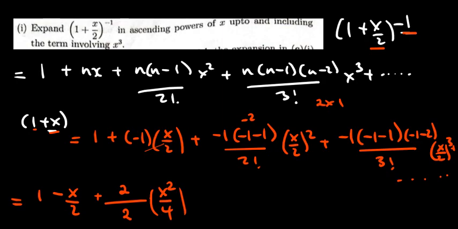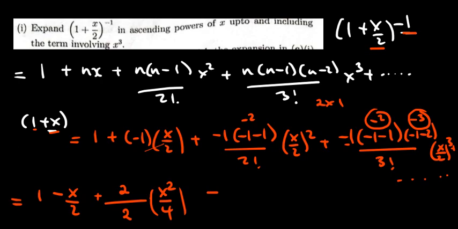Then on the next part, negative 1 minus 1, I get negative 2, and negative 1 minus 2, I get negative 3. When negative 2 multiplies with negative 3, I get positive 6. Then when it multiplies with a negative, I'll get negative 6.